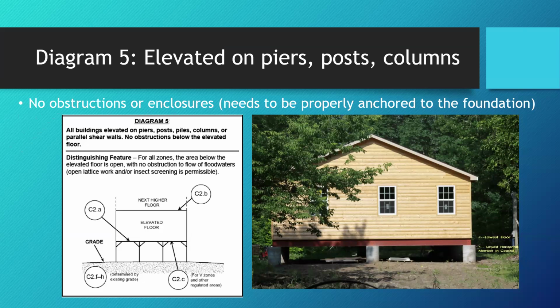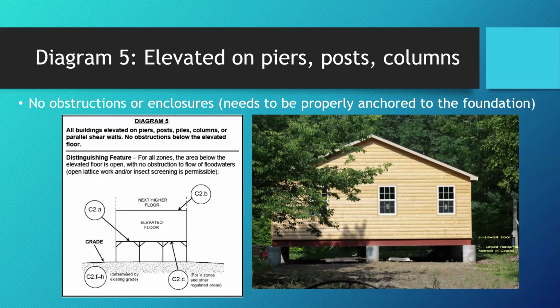So we don't have too many of these in Kansas. We do have a couple of them. They're usually very close to a water source. So as long as C2A is at least 1 foot above the base flood elevation, that would be allowed. And then as long as that structure is properly attached to the piers, posts, or columns, sometimes they're just set on top of it, but they need to be attached to it.